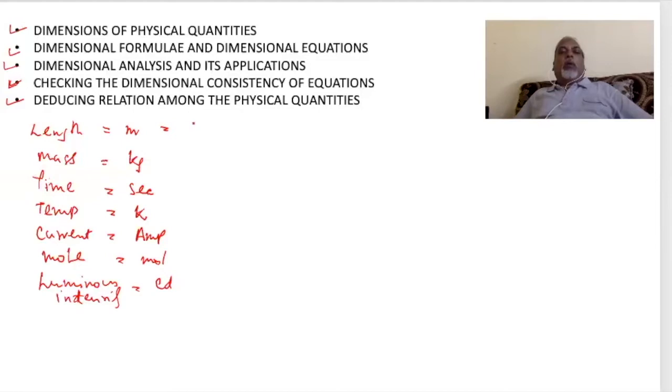Now we will write how in dimensional analysis they are represented.